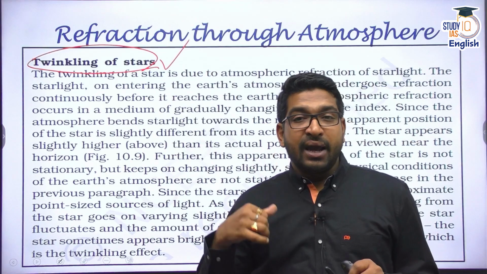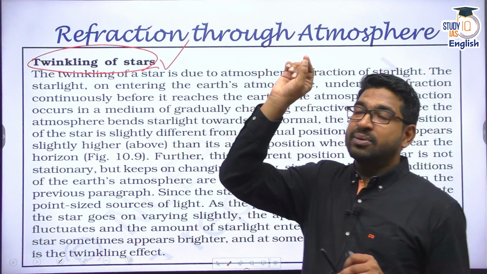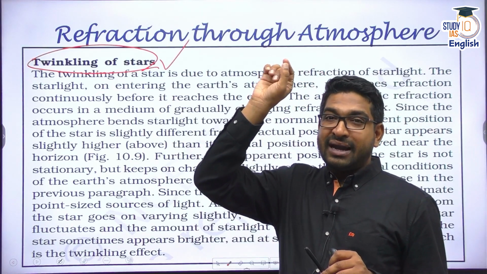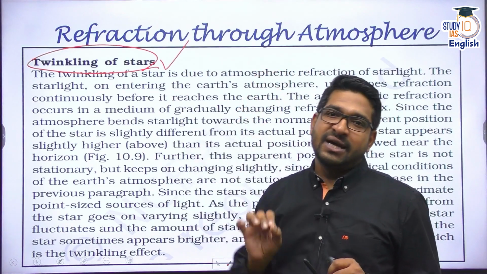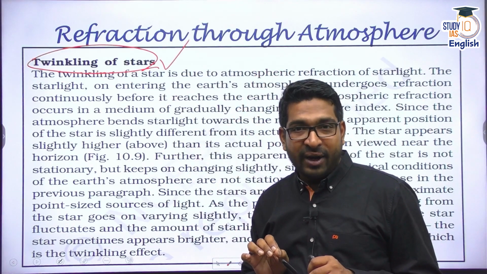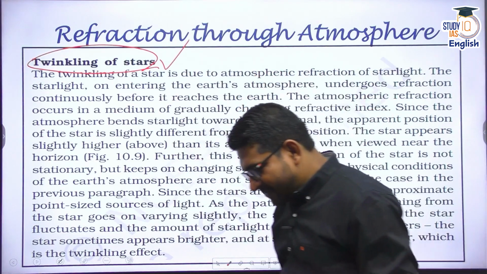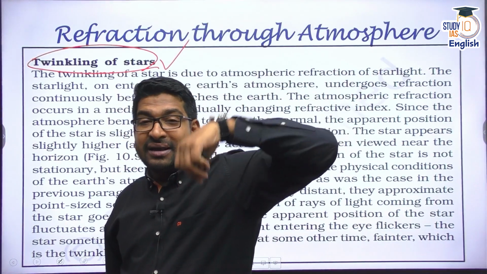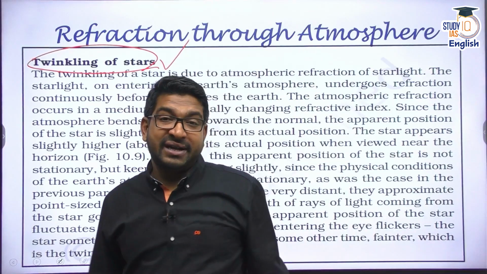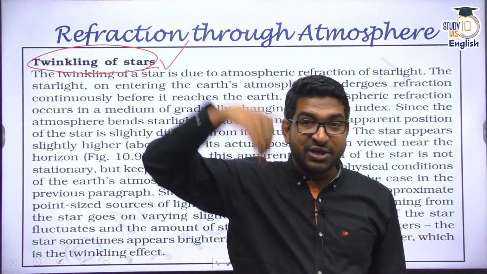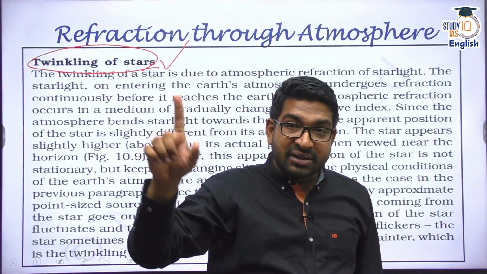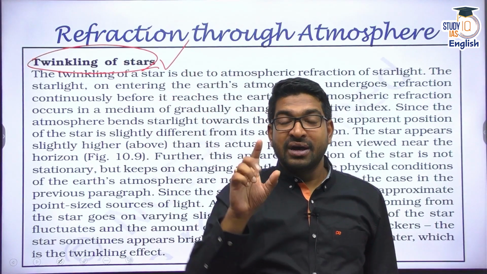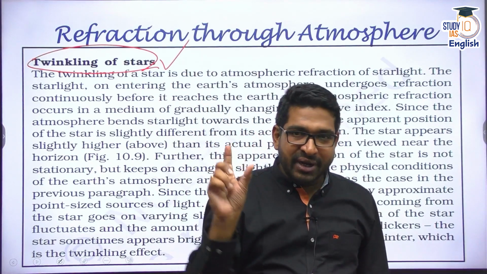Apart from that, if I'm looking at a particular star, that is probably the apparent location of that star. In fact, we discussed in our previous classes that the light coming from the star might be from the past, because it takes a lot of time to reach Earth, and by that time the Earth is also revolving around the sun and rotating on its own axis.